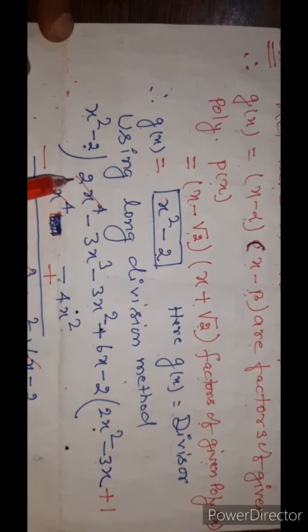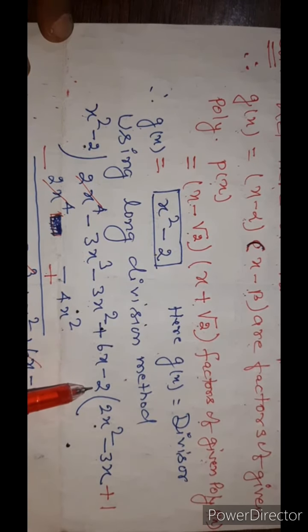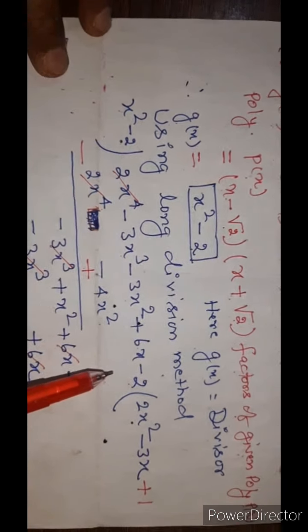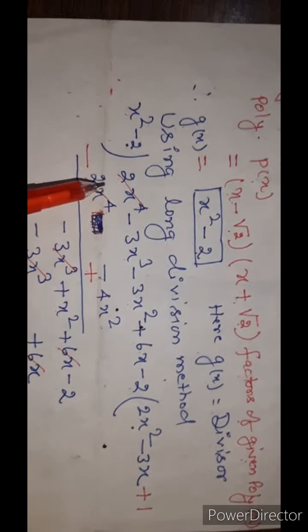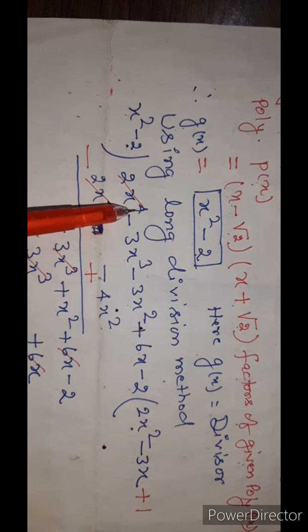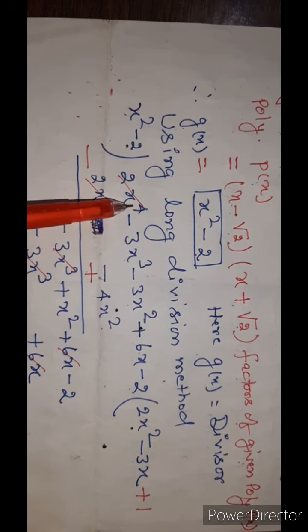Here the given polynomial 2x power 4 minus 3x cube minus 3x square plus 6x minus 2. Now how can you divide it? First of all, you have to get 2x power 4. So by which number will you multiply x square such that you can get 2x power 4?